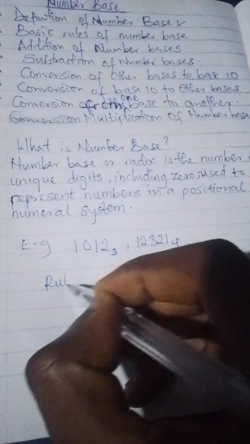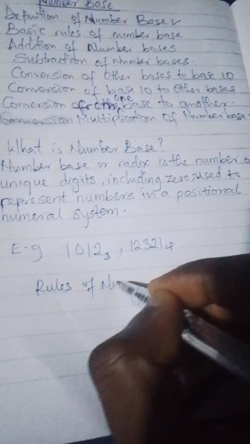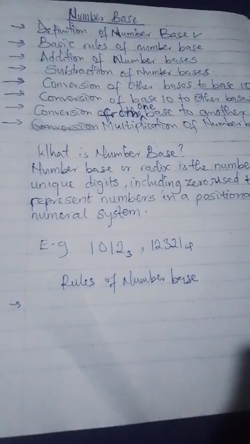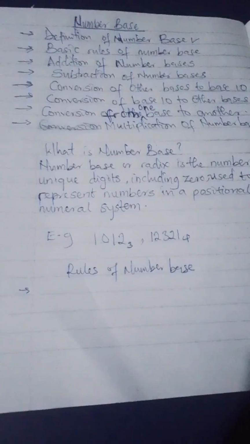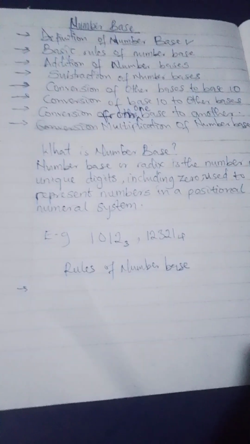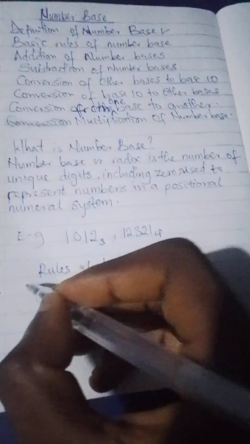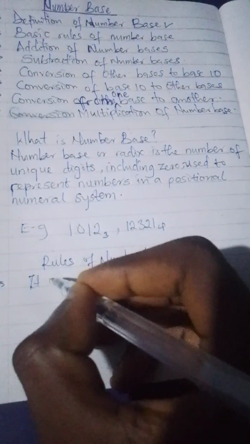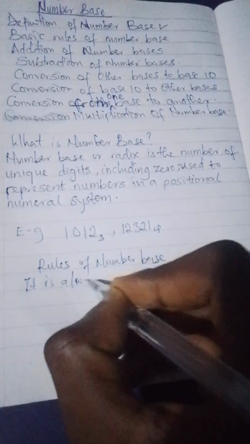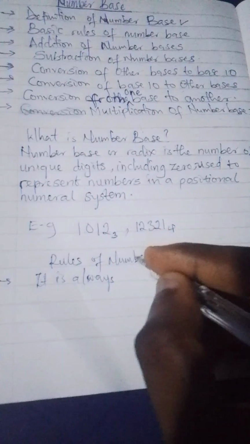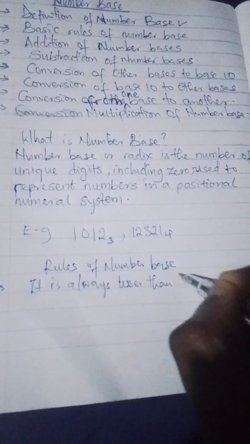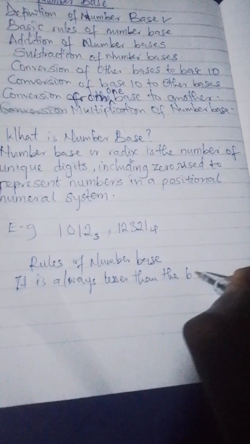Now, what are the basic rules? Rule number 1: in every number base, the digits are always lesser than the base. Do you understand? I want you to acknowledge that they are always lesser than the base.